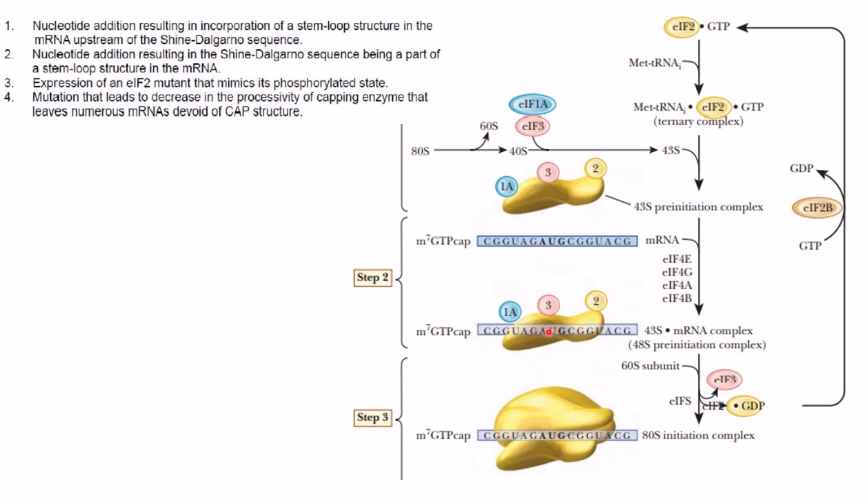So here is your AUG codon that is recognized by this pre-initiation complex upon binding to mRNA, and once that AUG is recognized, it will result in the binding of the 60S subunit, and a complete 80S initiation complex is formed.